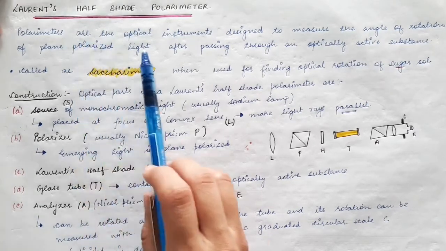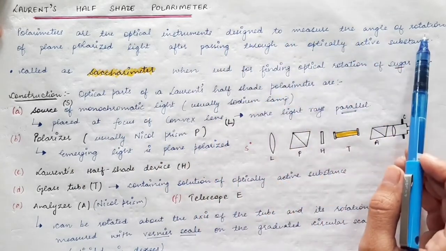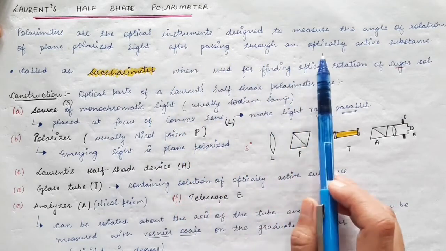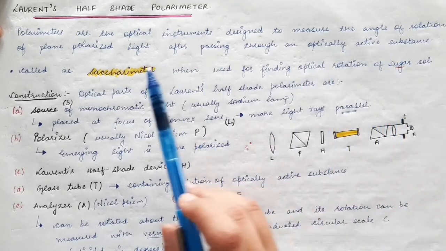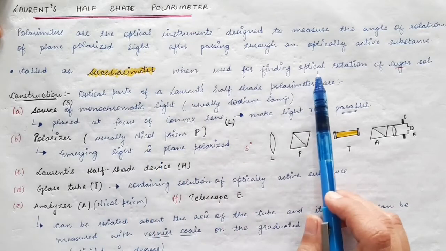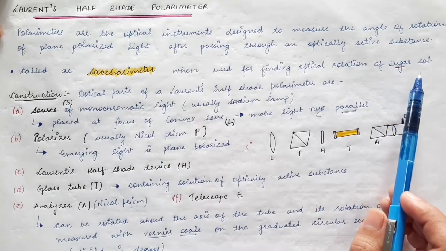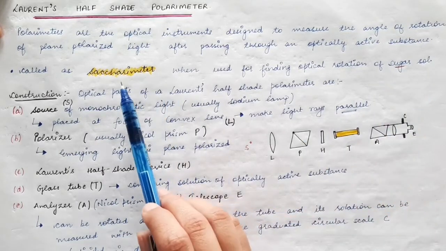Polarimeters are optical instruments designed to measure the angle of rotation of plane polarized light after passing through an optically active substance like sugar solution. The polarimeter is called a saccharimeter when we use it to find the optical rotation of a sugar solution.